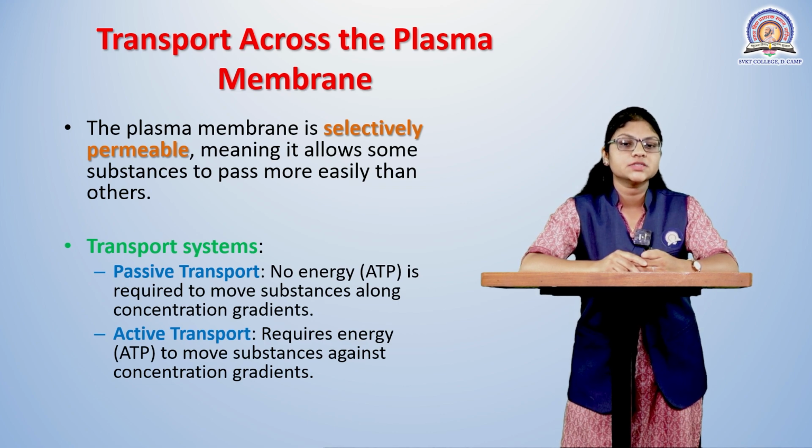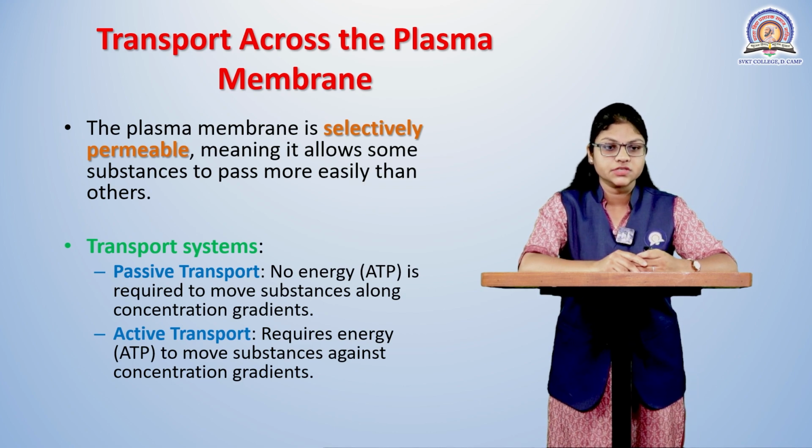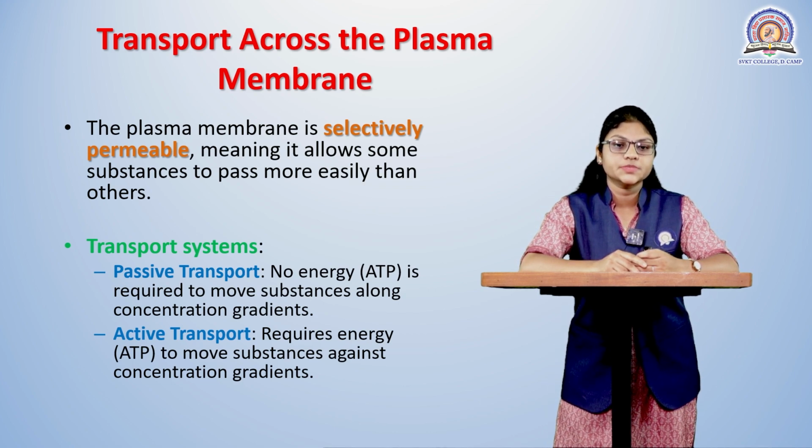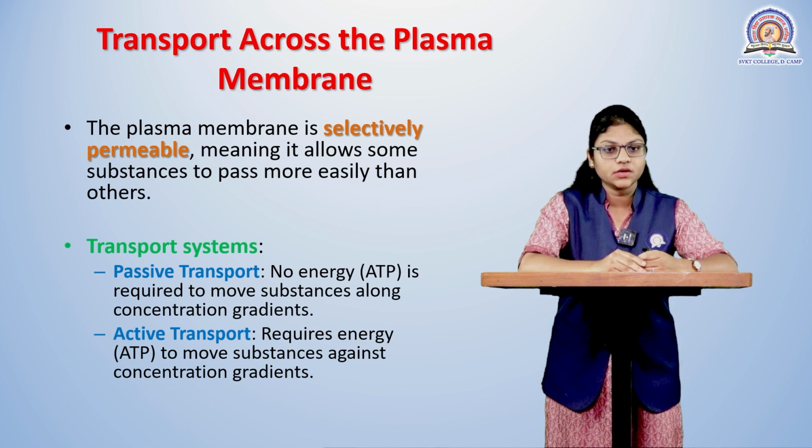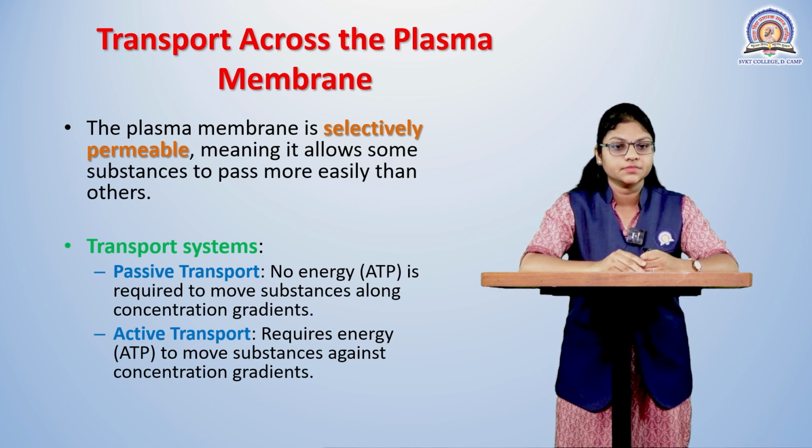Passive transport does not require energy because the substances or solutes move along the concentration gradient. That means the substances move from high concentration to low concentration, so no energy is required.